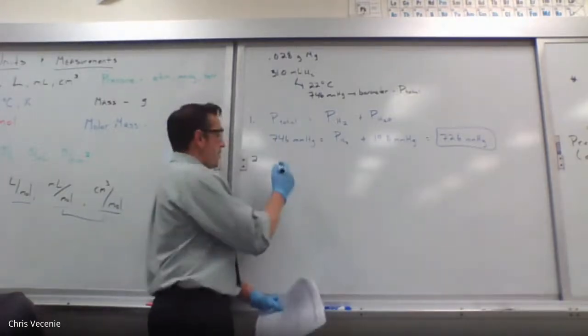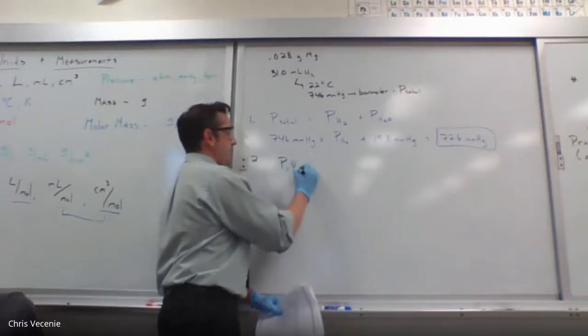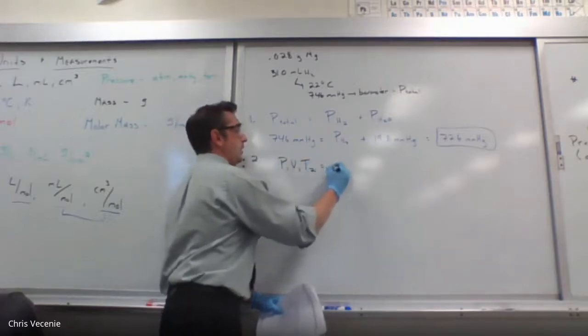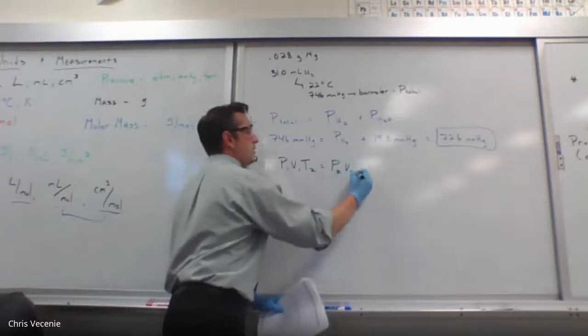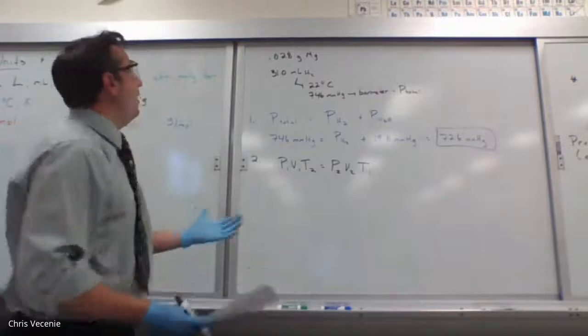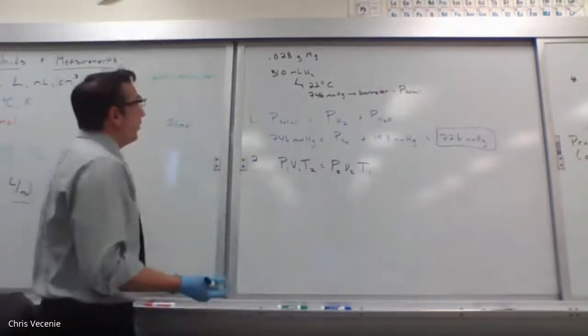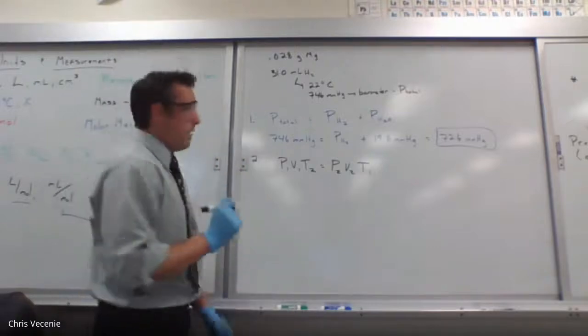It said use the combined gas law. All right, so combined gas law is P1 V1 T2 equals P2 V2 T1. All right, so we want to know what would our 31 milliliters be worth if it were at STP.